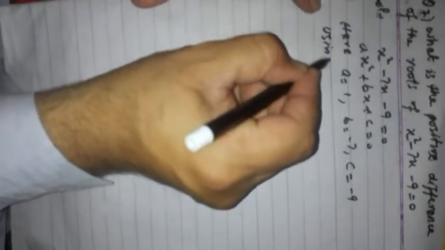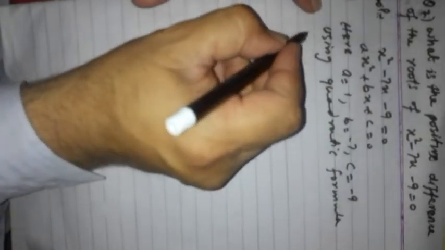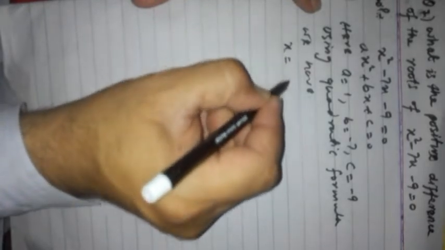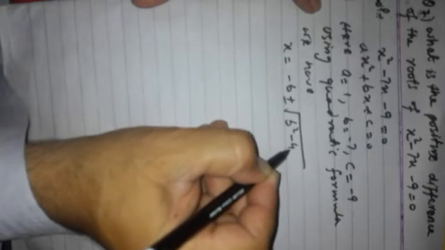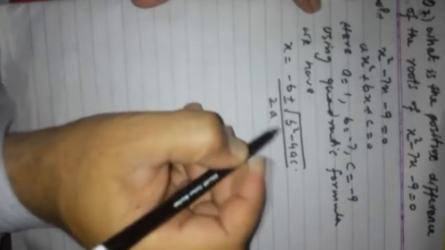Using quadratic formula, we have that is x equals to minus b plus minus under the root b square minus 4ac whole divided by 2a.